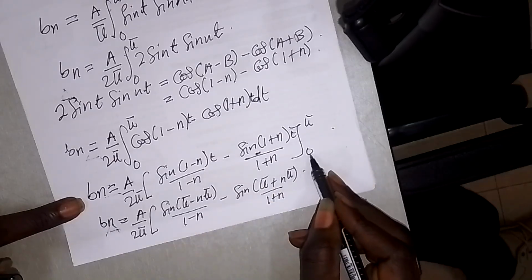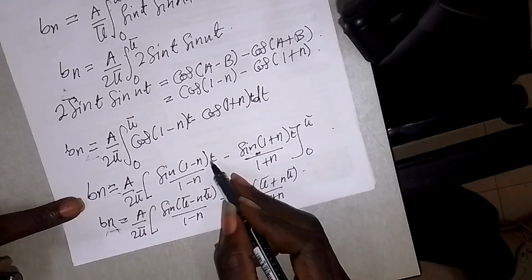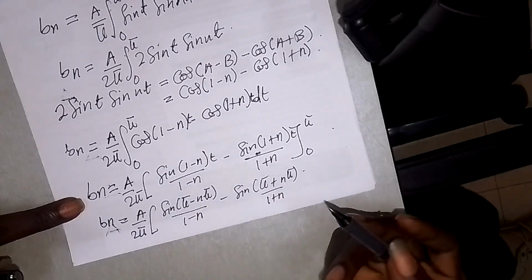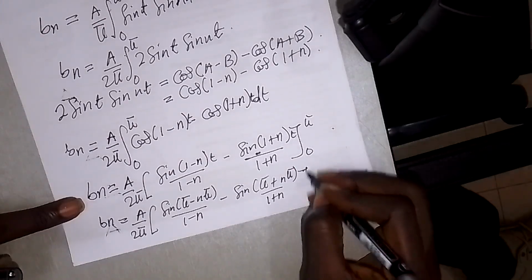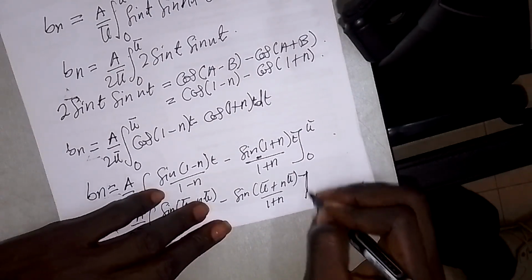Now let's see 0. If I put 0 here, the whole of this one becomes 0, because sine 0 is 0. Likewise, if I put 0 here, the whole of this one becomes 0, because sine 0 is 0. So that means I have to end here.